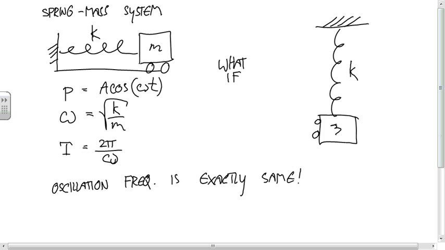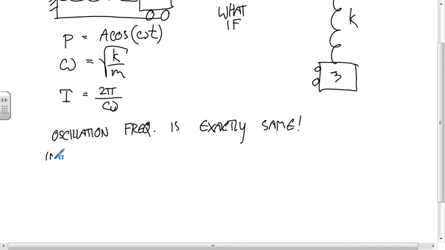In fact, we can still use all the equations that we've been using for this system when it's hanging vertically.